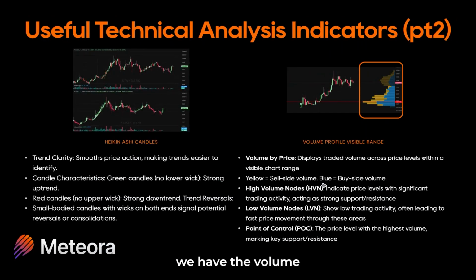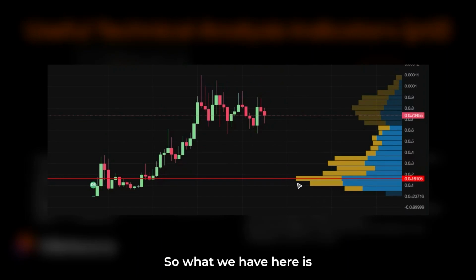And then we have the volume profile visible range, or the VPVR. What we have here is, on the right-hand side, these yellow and blue bars. Yellows are sell volume and blue is buy volume. The bigger the bar, the more volume.